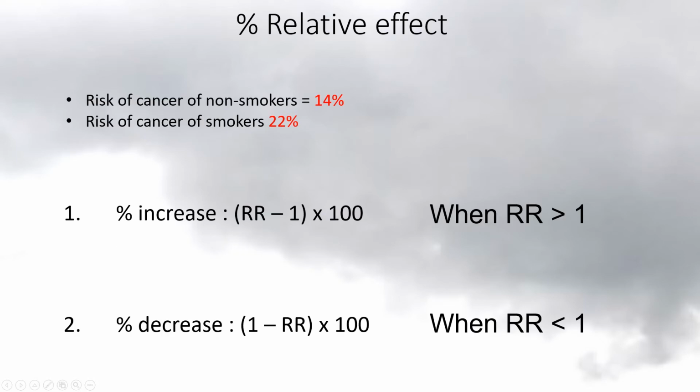Right then, this should be pretty simple. Now we're going to chuck in cancer of non-smokers versus cancer of smokers in this situation. And as you can see, we've got the numerator and denominator swapped in both of these.